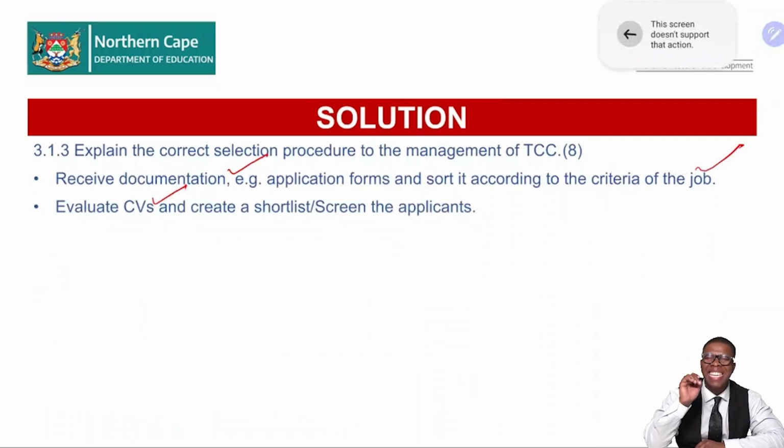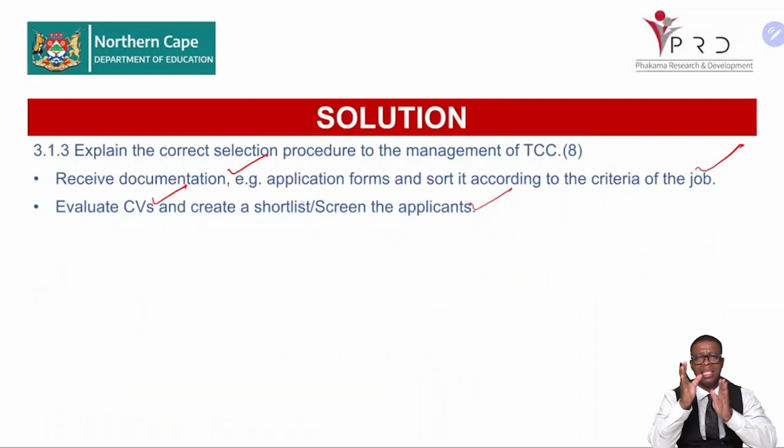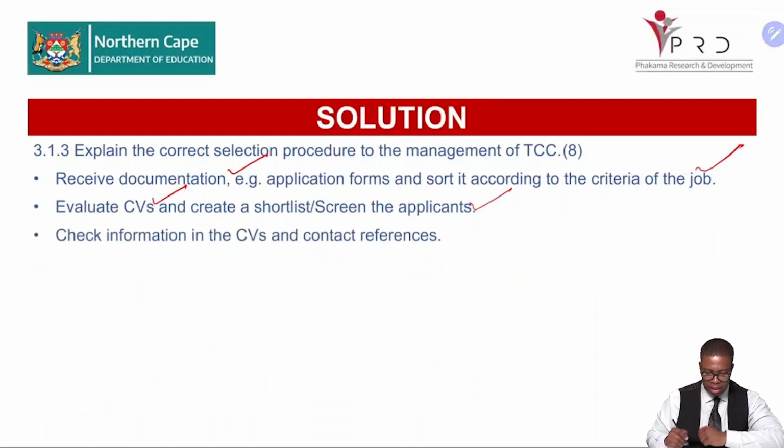And then create a short list and screen applicants. What is a short list? It is basically saying, out of all the CVs that I was checking for you here, who qualifies and who doesn't qualify. Then check information on the CVs and contact the references.